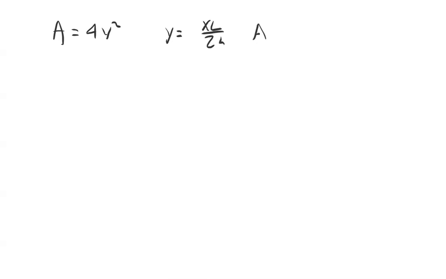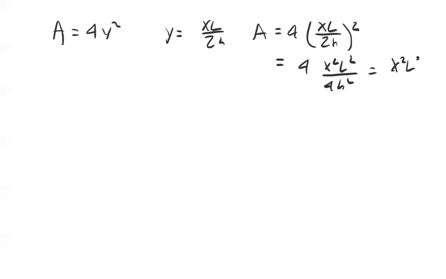So my area then is 4 times (xL over 2h) squared, 4 times x squared L squared over 4h squared. This is x squared L squared over h squared.